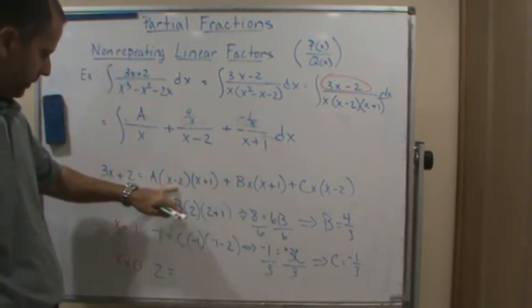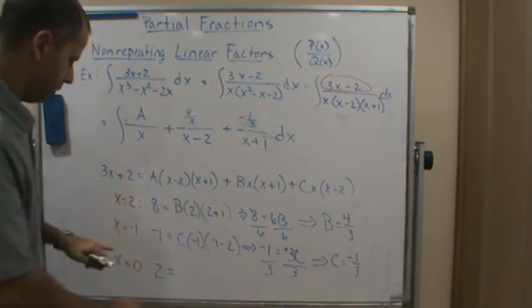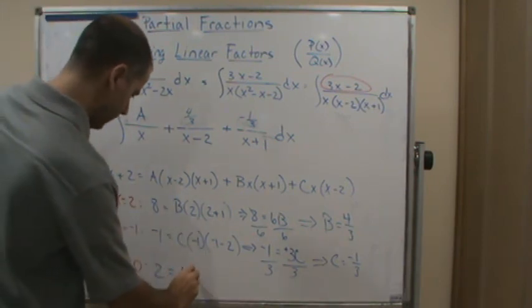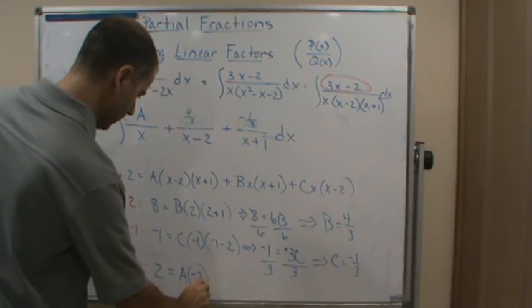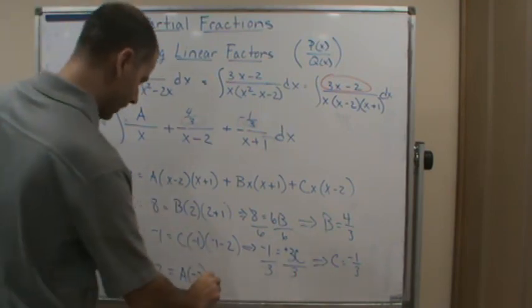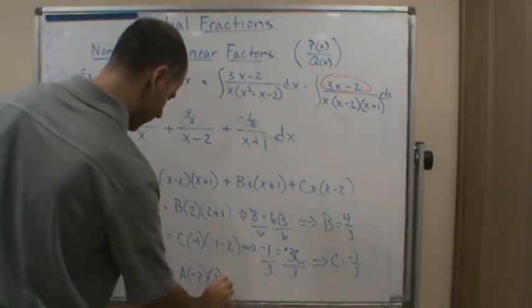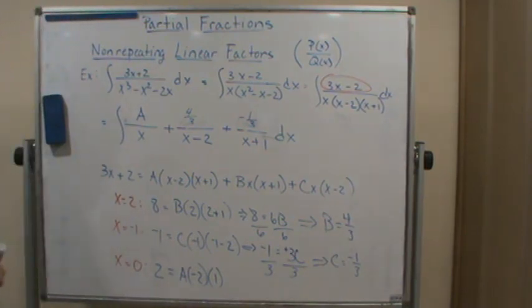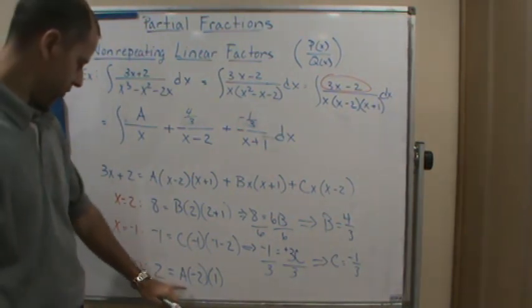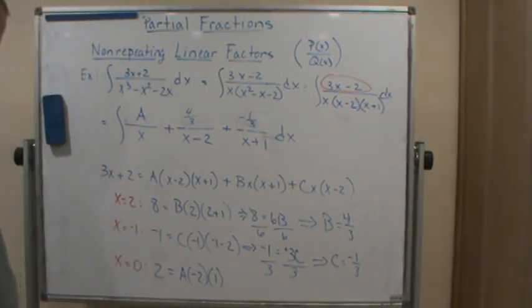This becomes -2, so A times -2 times 1 gives us 2.